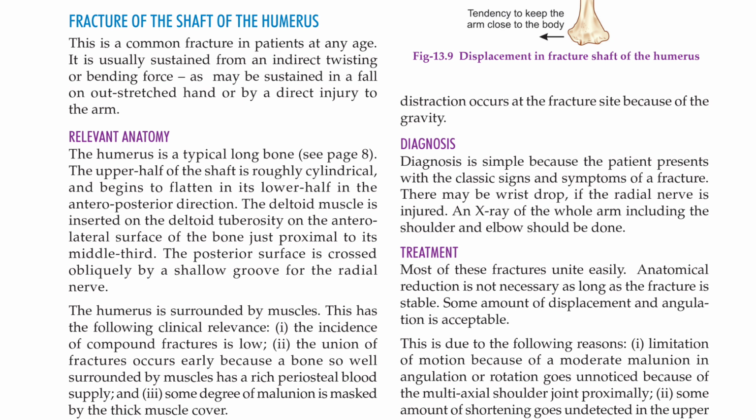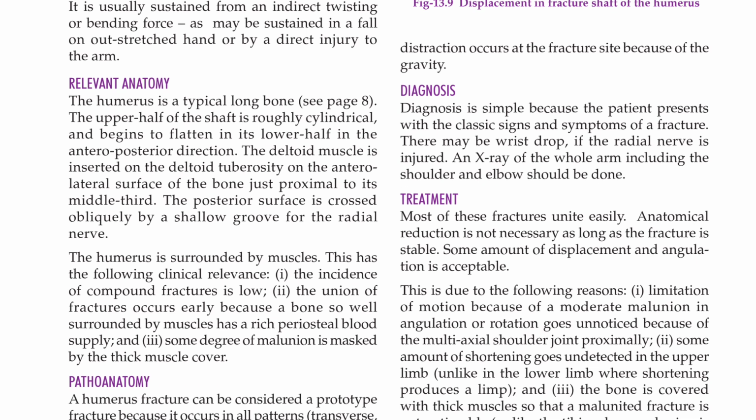Begin to flatten in its lower half in the anteroposterior direction. The deltoid muscle is inserted on the deltoid tuberosity on the anterolateral surface of the bone, just proximal to its middle third.